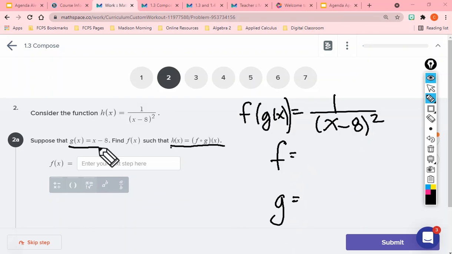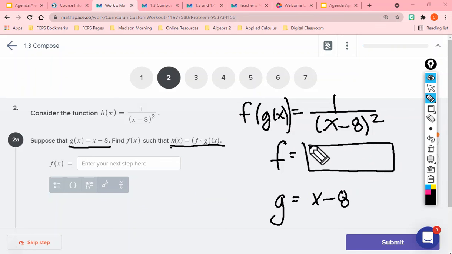Notice that it told me G. I would try to set up your composition in a similar format to what we do in our notes to help explain and show you what information you have. This is what they're asking for. Now you can use more than one operation. I was just suggesting you start with one operation at a time so that it's easier to pick the pieces out. But this would go into F, which is 1 over x squared. Okay, so 1 over x squared.